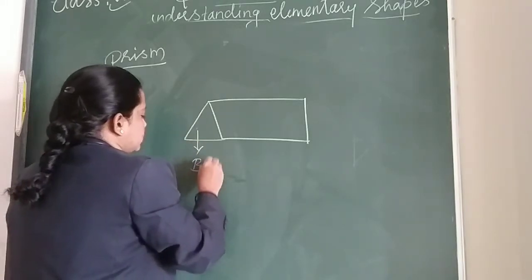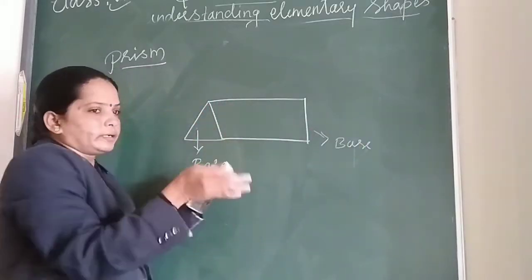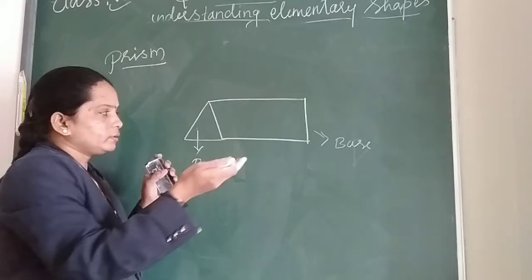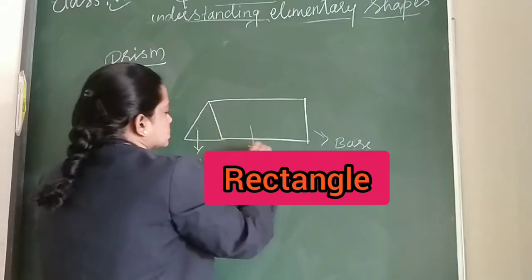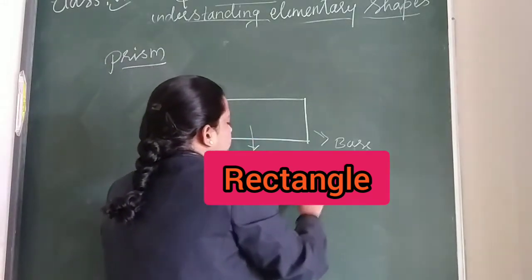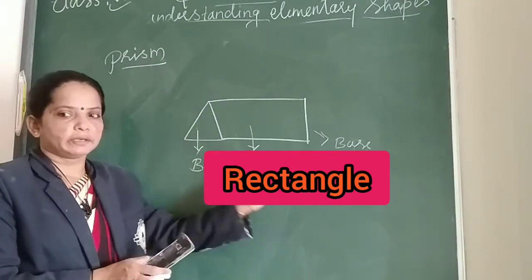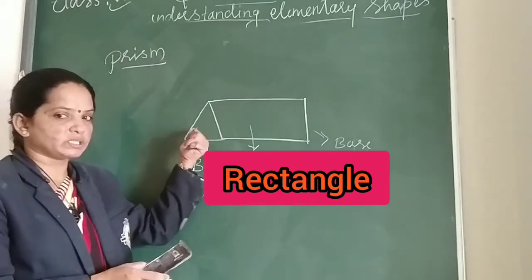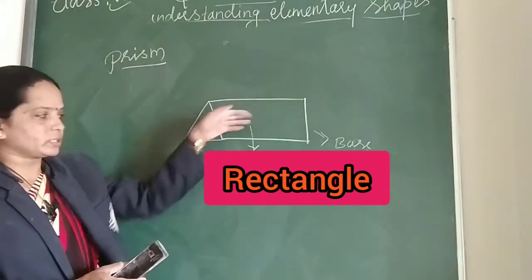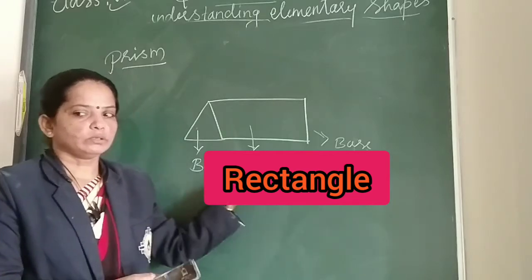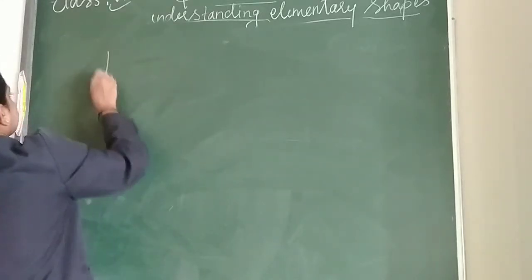This is the base, and on the other side you will get the other base, so 2 identical bases will be there, and then flat surfaces. Identical means if one base is a triangle, the other base will also be a triangle, and the other flat surfaces are in the shape of rectangles. So it is a prism. Next one, pyramid.